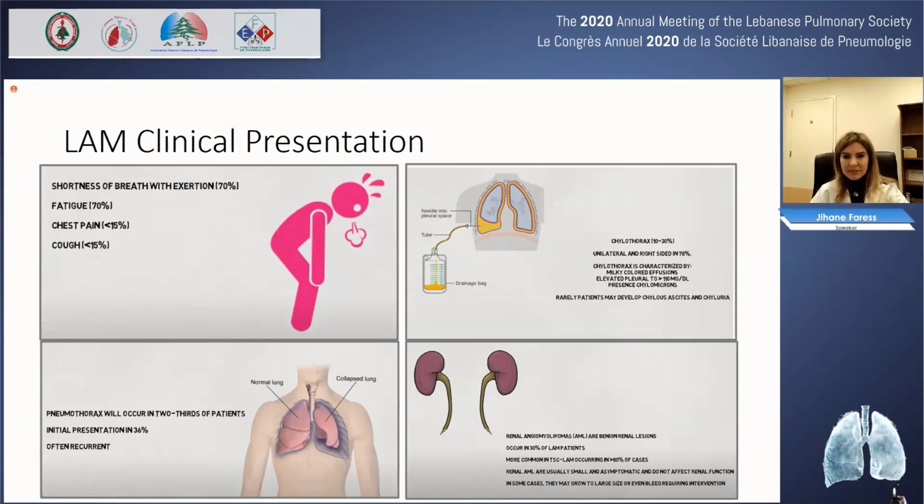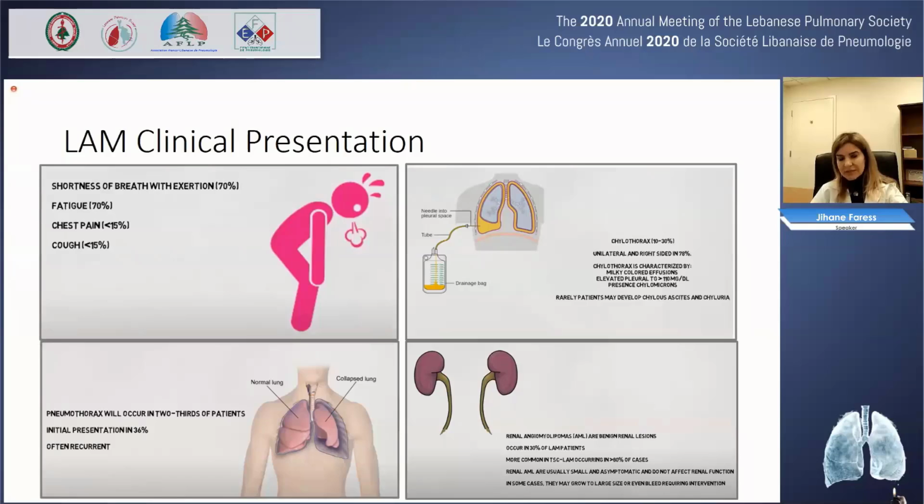Another pleural disease with LAM is chylothoraces. Chylothoraces are not as common as pneumothoraces. They're seen in about 10 to 30% of patients. They are unilateral, mostly on the right side. Chylothoraces are milky fluid with a high level of triglyceride. And rarely, people with LAM will also have chylous ascites and chyluria.